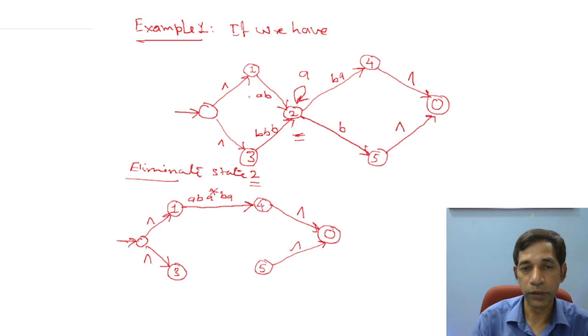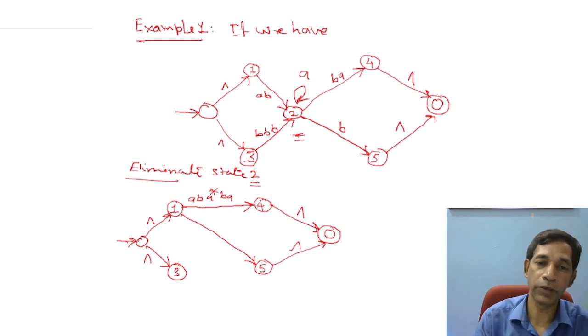Now what is next? From state 1, you can go to 2, and the other outgoing edge goes to state Q5. So you have 2 outgoing edges from state 2. One goes to state 4 and the other goes to state 5. So now from 1 you have to go directly to state 5. You will have the direct edge because you are going to eliminate state 2.